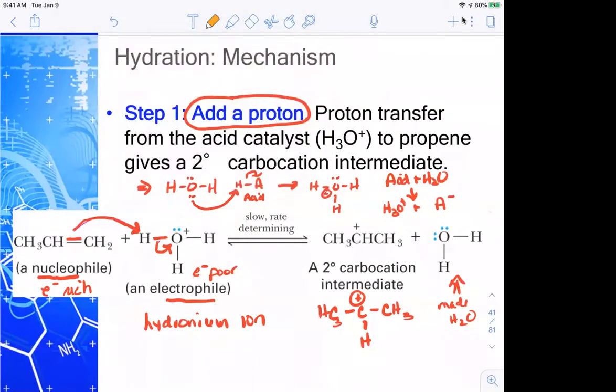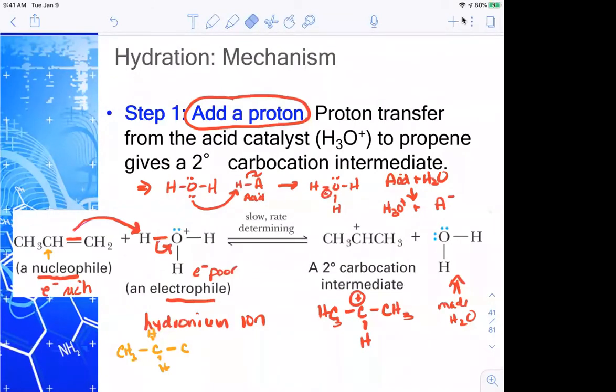Now, the other carbocation that can form is if that hydrogen adds to the other side. So if the hydrogen ends up on that carbon, what am I going to get?